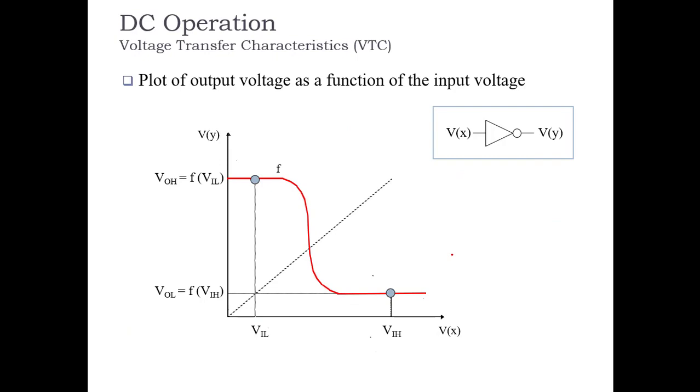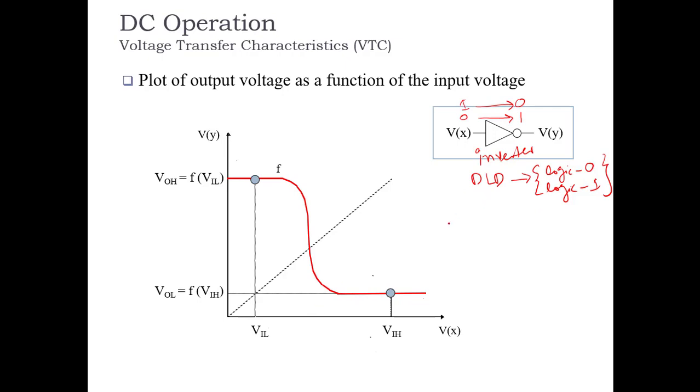Okay, so you see here this is an inverter. This is a gate. If you give it a 0, it will give you a 1. If you give it a 1, it will give you a 0. So in all your DLD you talked about two things: logic 0 and logic 1. Now what is logic 0 and what is logic 1?